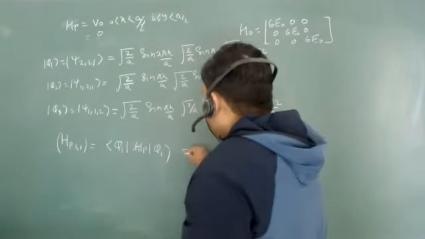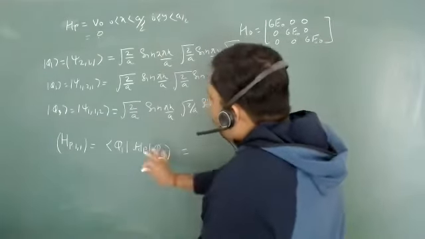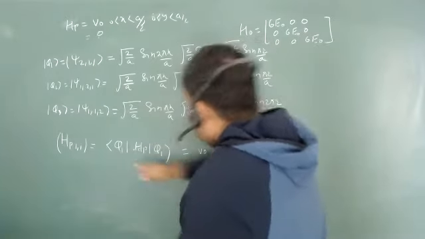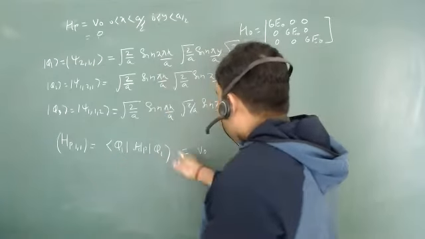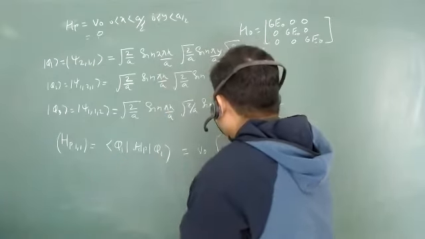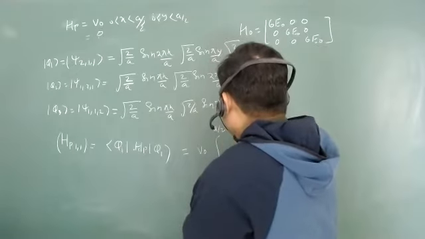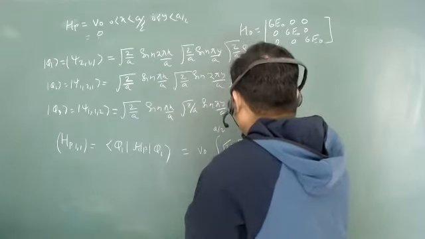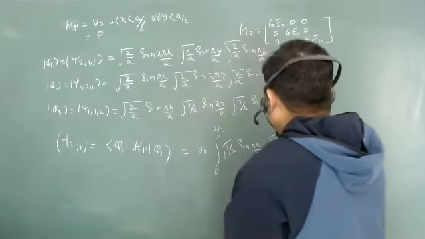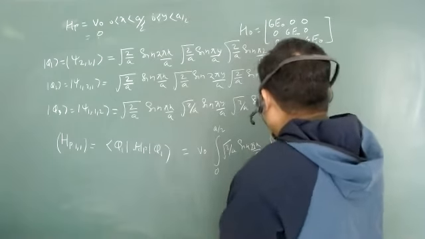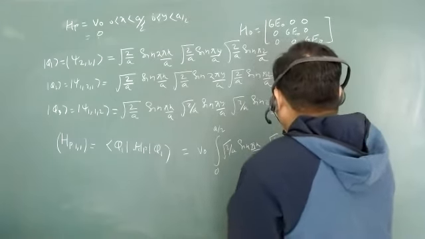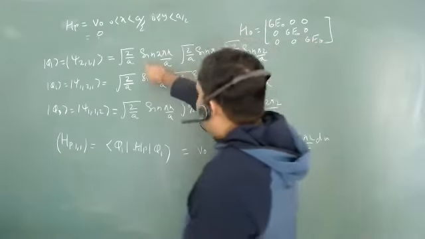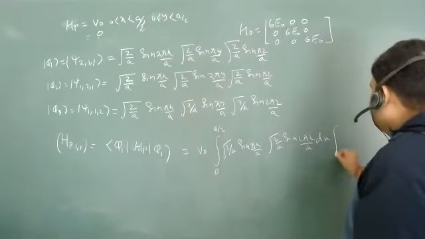So now write it in a very tricky way. Take the V0 common, and this is the first one and this is the second one. So we have the integral 0 to a by 2, root 2 by a sine 2 pi x by a, root 2 by a sine 2 pi x upon a dx. This is the first term, 1 1. What will be the second term?